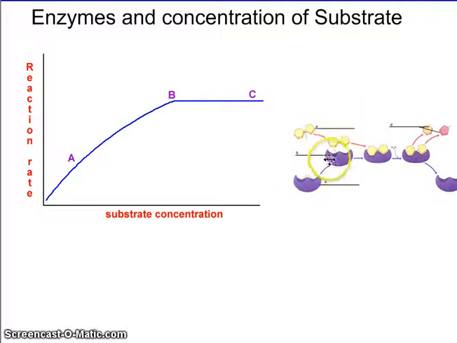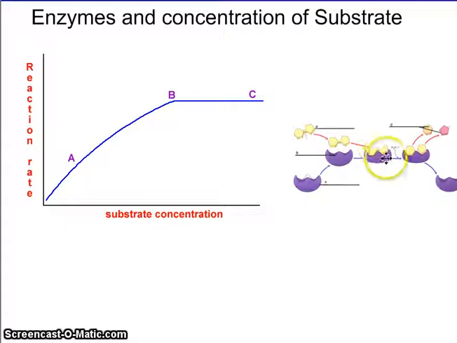Well, you have a certain set number of enzymes, and we're going to add our substrates, and it can handle more substrates. But then as you keep adding more substrates, more and more of your enzymes are taken up by the substrate, basically binding to the substrate.